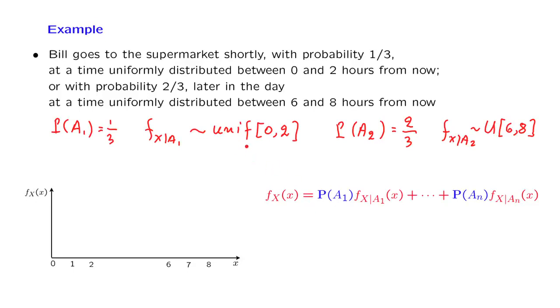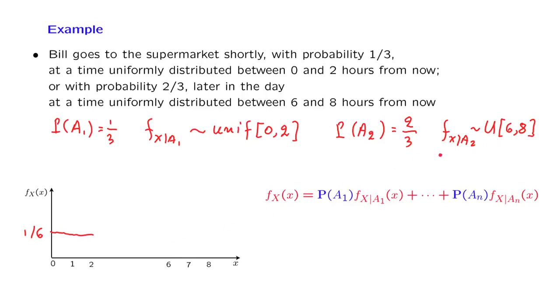One piece is a uniform between 0 and 2. This uniform ordinarily would have a height of 1/2. On the other hand, it gets weighted by the corresponding probability, which is 1/3. So we obtain a piece here that has a height of 1/6. Under the alternative scenario, the conditional density is a uniform on the interval between 6 and 8.